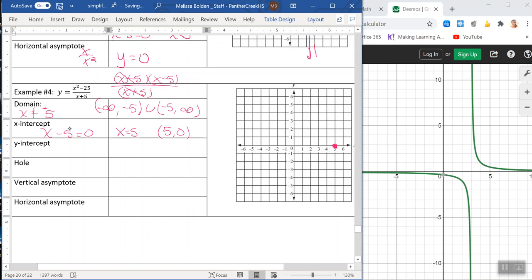My y-intercept, I set x equal to 0. So I have 0 minus 25 over 0 plus 5. So my y-intercept is negative 5. Is that a hole?